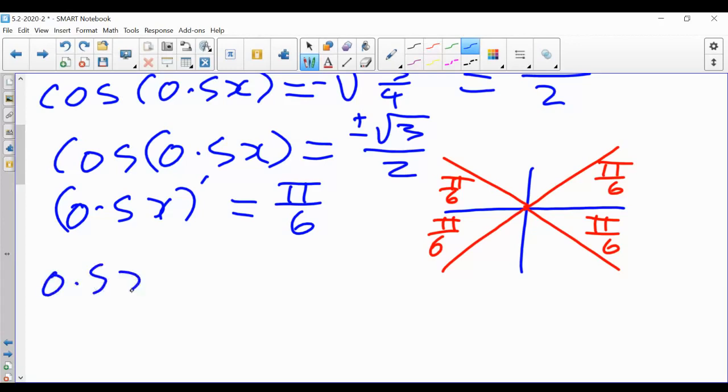So 0.5x itself is equal to, where should I actually look? I'm not looking in all 4 quadrants. Davina says quadrants 1 and 2, and she's right. Yeah, I did get you. Why is it only quadrants 1 and 2?